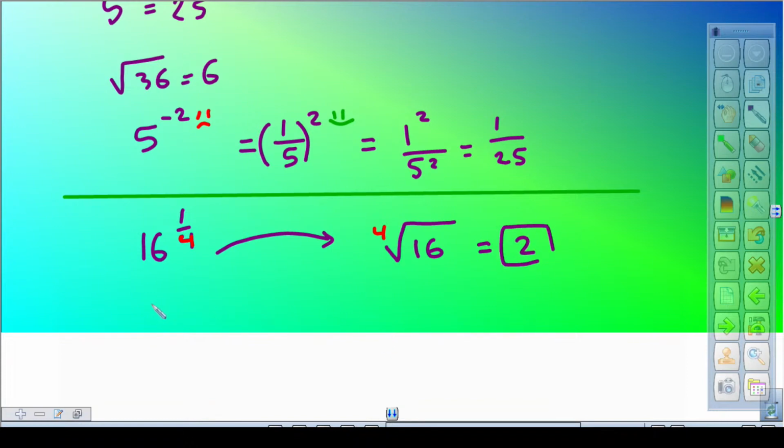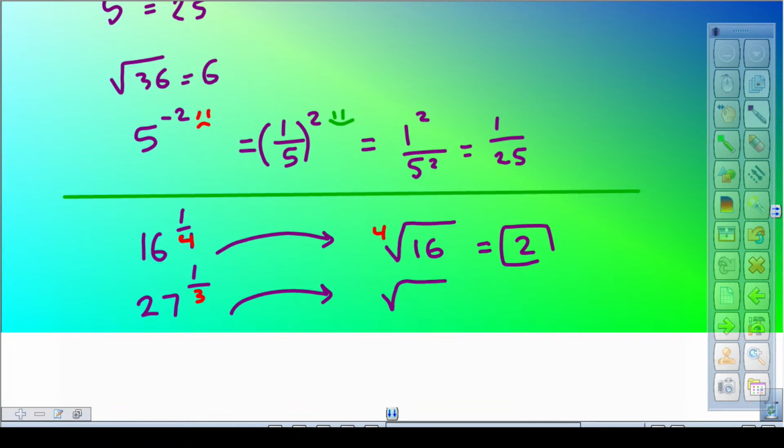So let's try something else. I'm going to try 27 raised to the 1/3. That would be what in terms of the radical? Third root, thank you, Yushi.